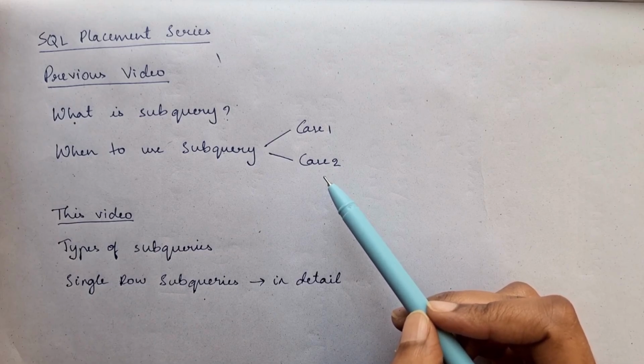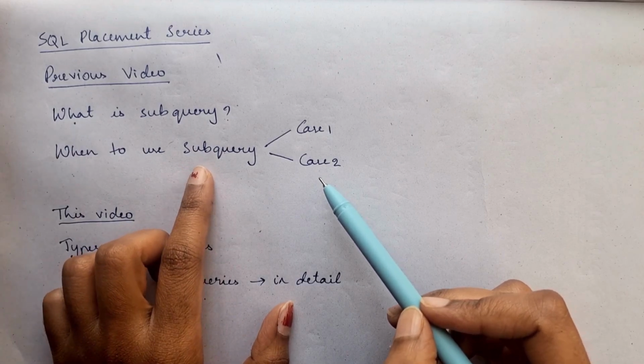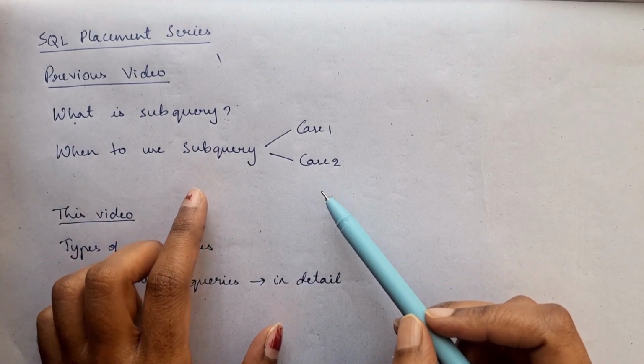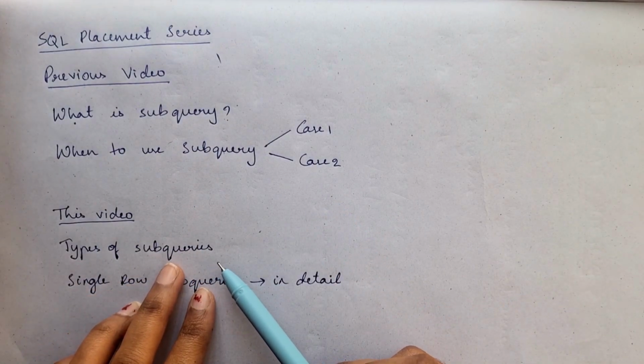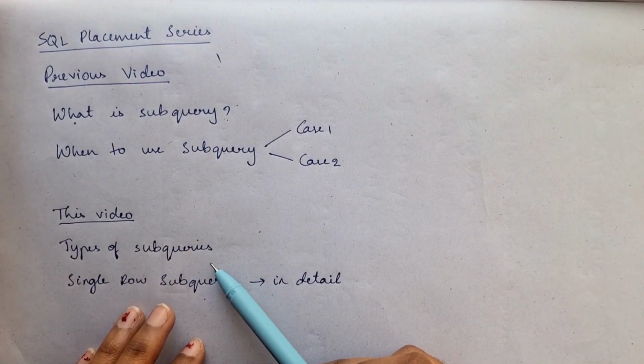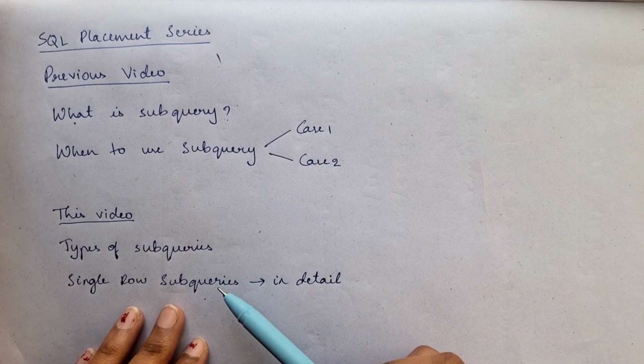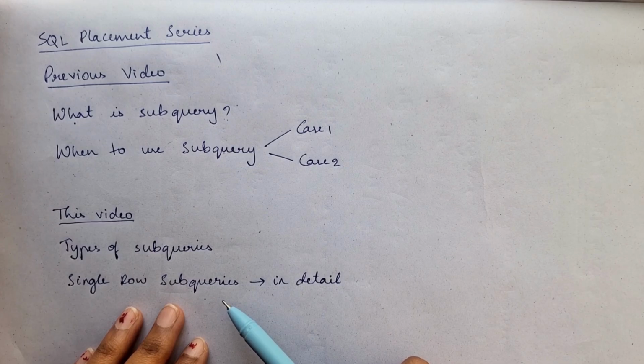Now that we understood what subqueries are and when to use them, the next important step is to understand the types of subqueries. So in this video, we are going to learn types of subqueries, and in detail, we will focus on single row subqueries, which are very important from an interview point of view and also very commonly used in real SQL queries.